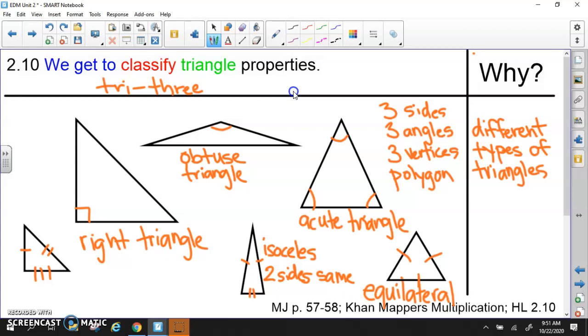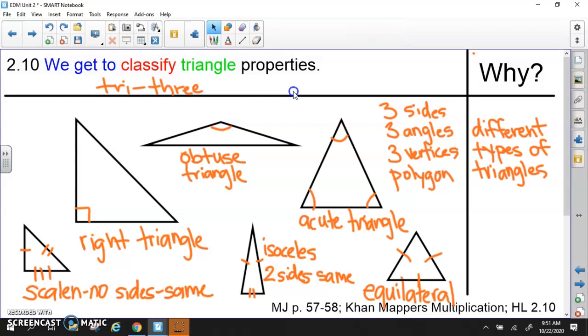Okay, that one is called a scalene triangle. No sides are the same. Yep, no sides are equal on that. Every other triangle.